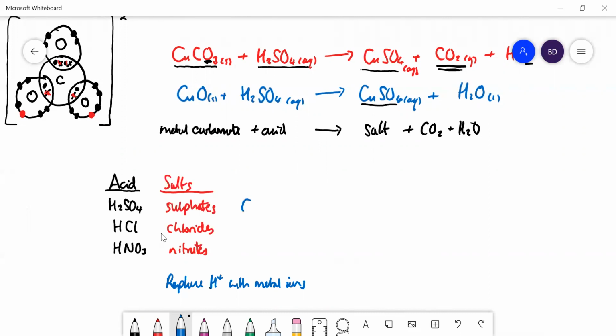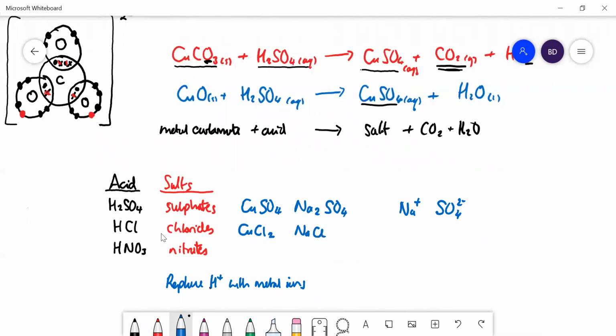An example of that would be copper sulfate or sodium sulfate. So you replace the hydrogen with copper in this one and sodium in the second one. Of course, the formula of sodium sulfate is Na2SO4 because sodium is a 1+ ion and sulfate is a 2-, so you need 2 sodium. Examples of the chlorides would be copper chloride or sodium chloride.